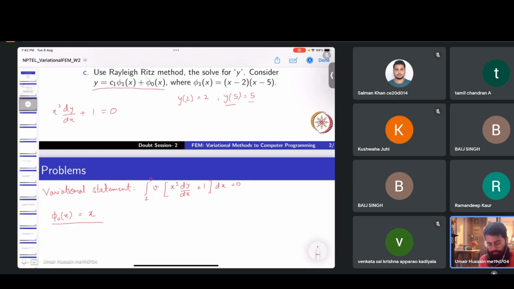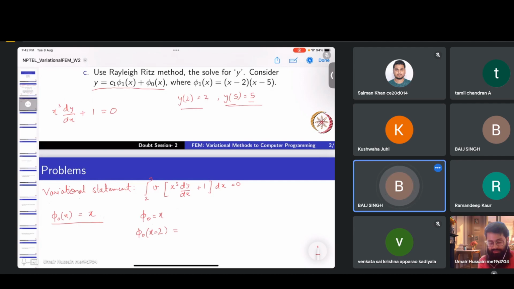So the function that I am writing here, phi naught equals x, doesn't it satisfy both boundary conditions? I don't think so. If phi naught equals x, and I write phi naught at x equals 2, what would I get?